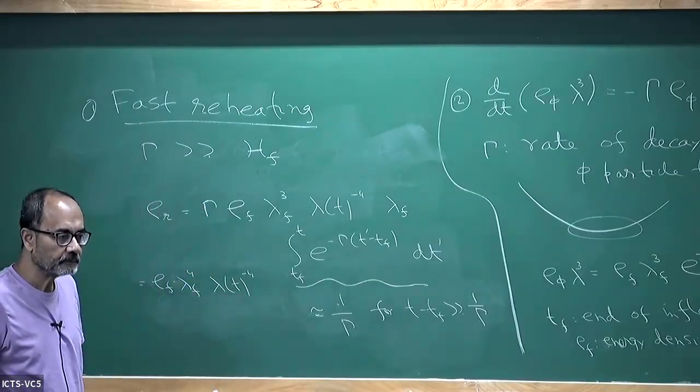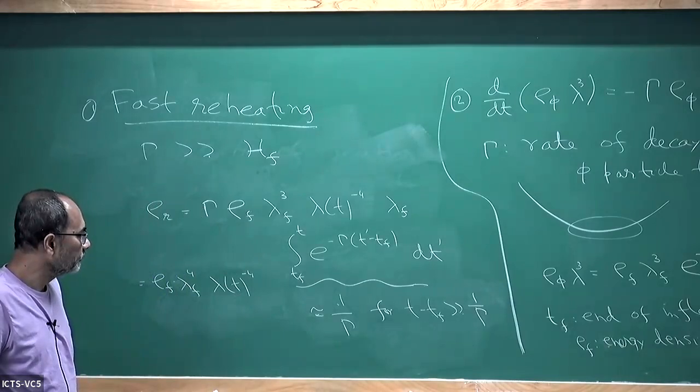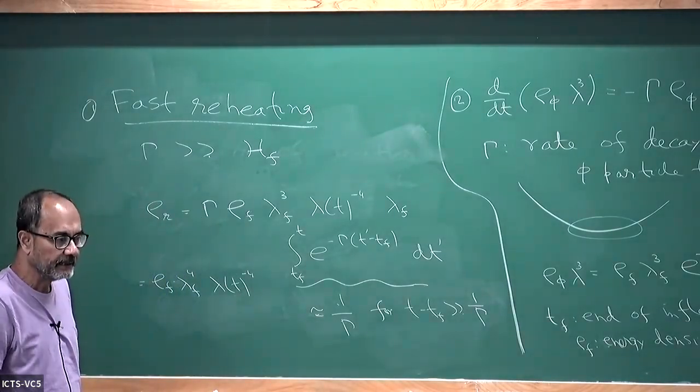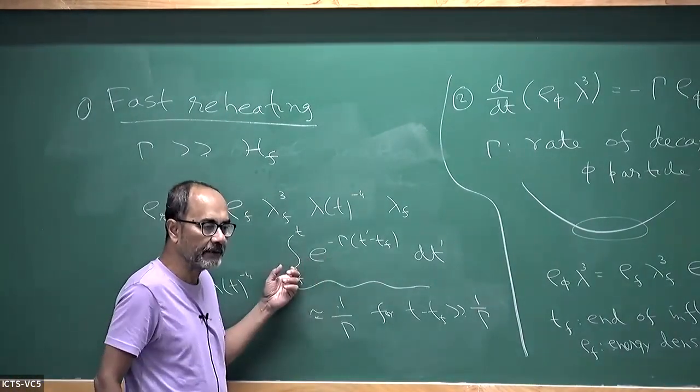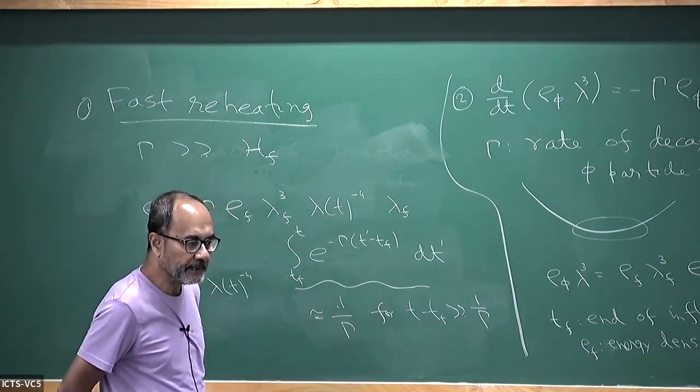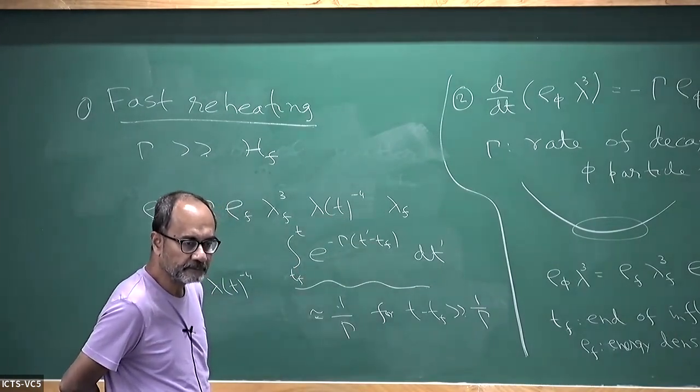The correction terms in the lambda of t outside the integral you are saying will be relevant, but inside? Yeah, exactly. But inside the integral, lambda of t prime, because this is getting contribution from t prime close to tf, you can just set equal to lambda f.